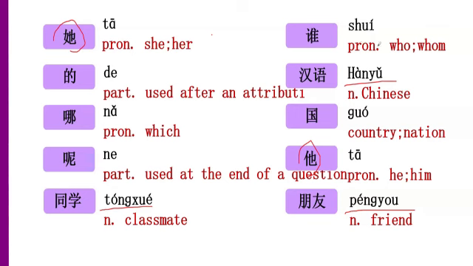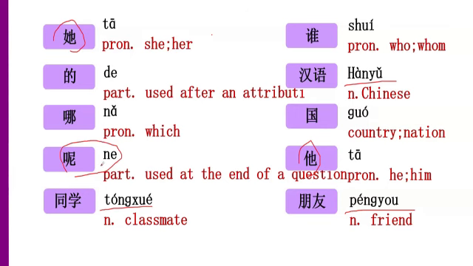Yes, ma'am. 请跟我读, 他, 谁, 水, 的, 汉语, 哪, 国, 呢.